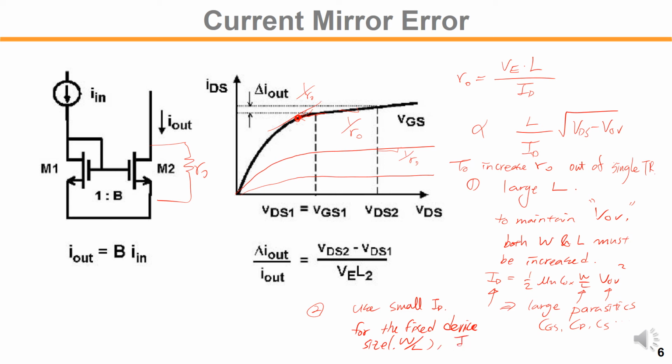So meaning ID goes down, meaning RO goes up, right?